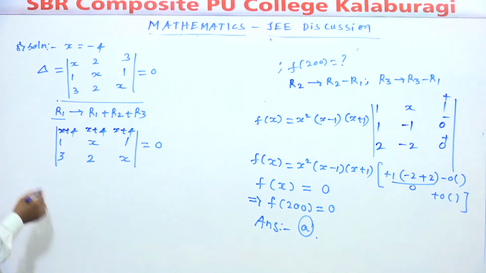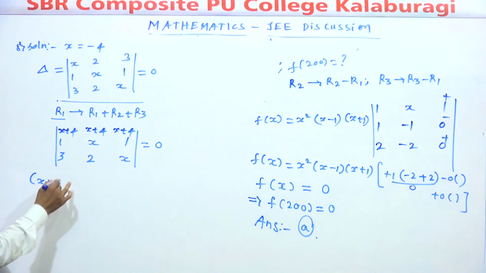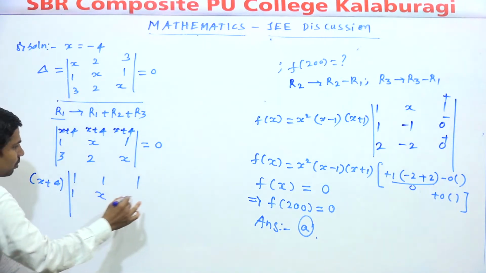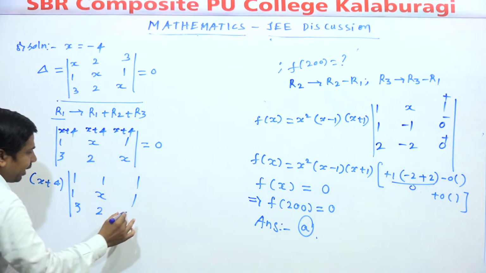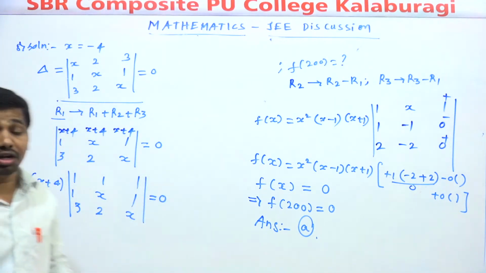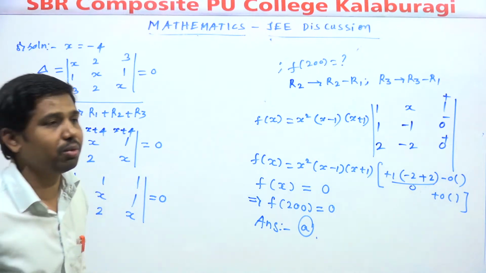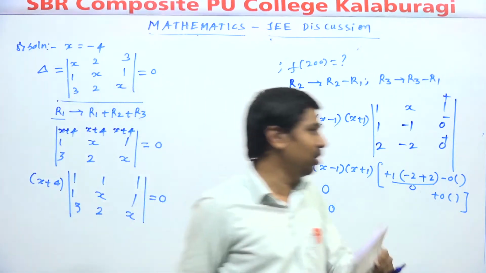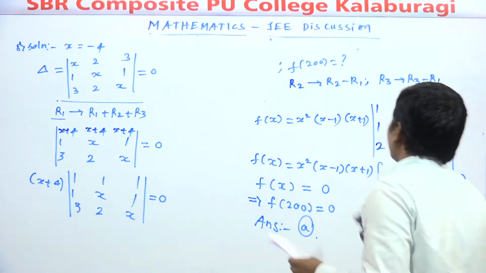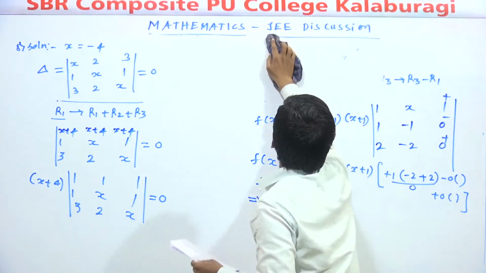So taking x plus 4 as common, what is left here? 1, 1, 1; 1, x, 1; 3, 2, x equal to 0. And we know that in a determinant, if any row or column is 1, 1, 1, we make 2 elements 0. So let us make 2 elements 0.